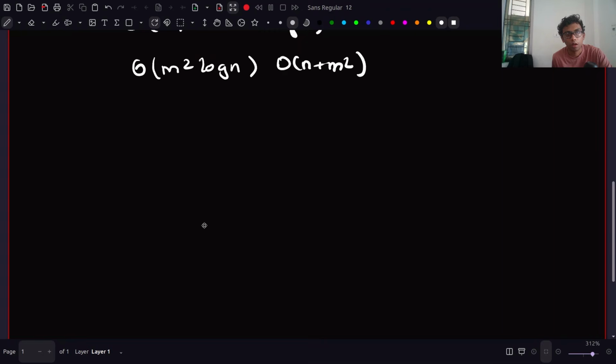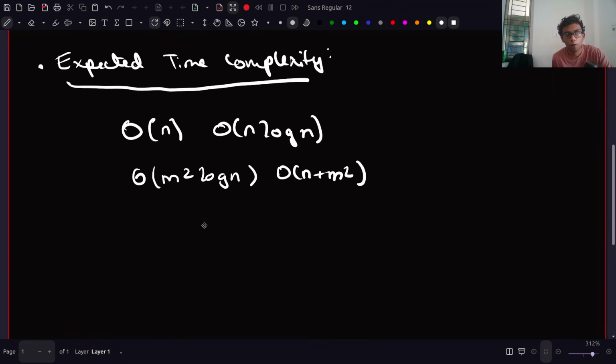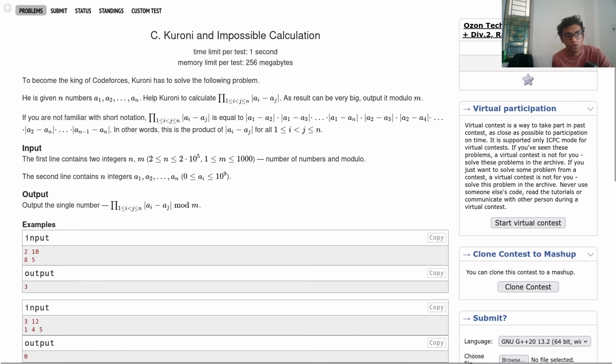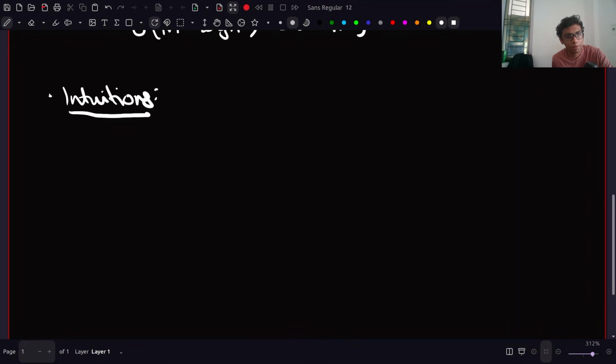Okay, let's get into how to solve this. Let's get into intuitions. Now I can see why most people would be led astray. For example, we're given n and m. Let n be 15 and let m be 10.